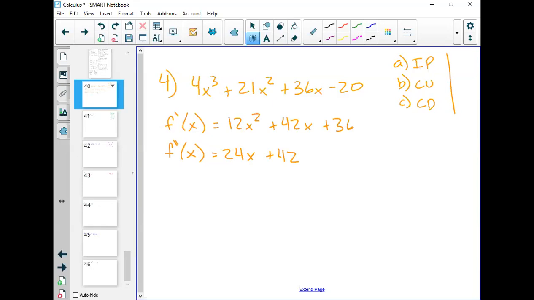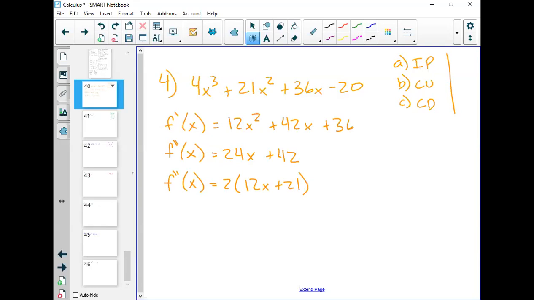And if you like things to be clean, we can factor out a 24. No. See? Mental math, not strong. We can factor out a 2. 12x plus 21. I think I probably should have just left it. Oh well. So here we have the second derivative.